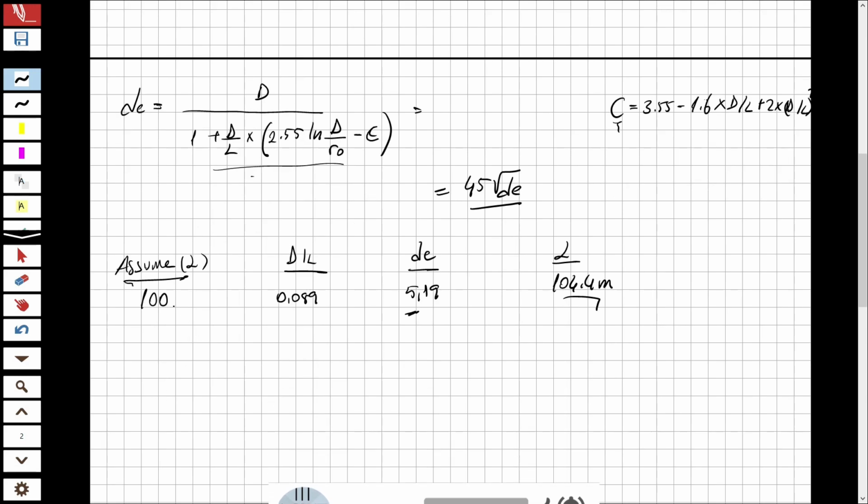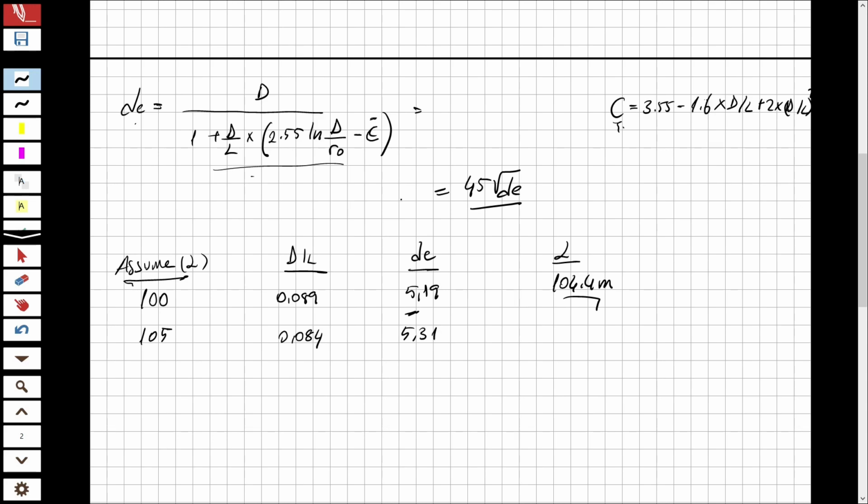So now you can see it's not close to each other. So we are going to try 105. For 105, d over L value will be equal to 0.084. Due to this value, when we obtain C and write it in its place, we are going to obtain the equivalent depth as 5.31.